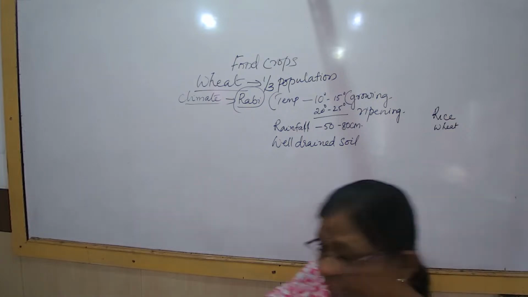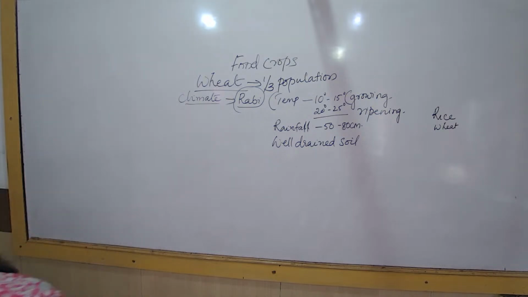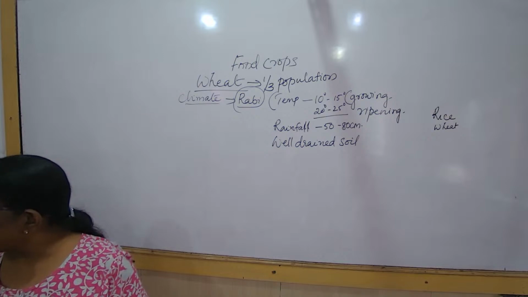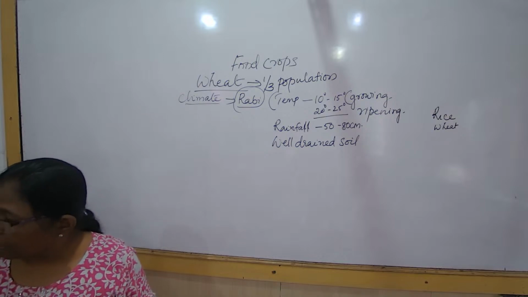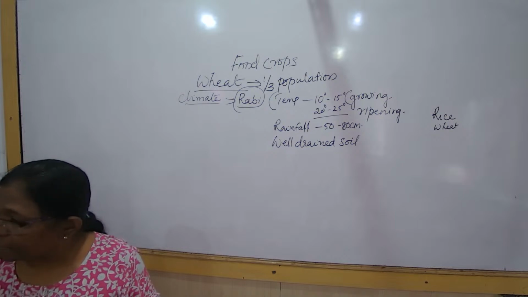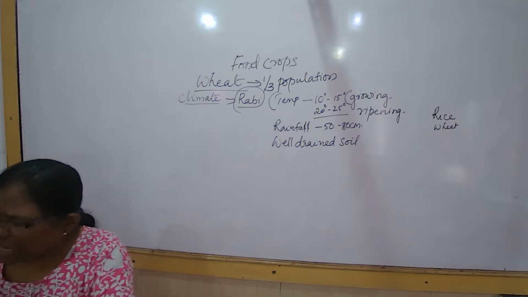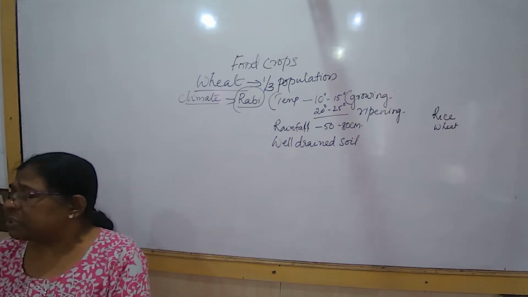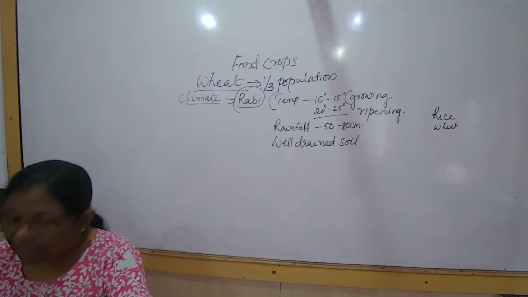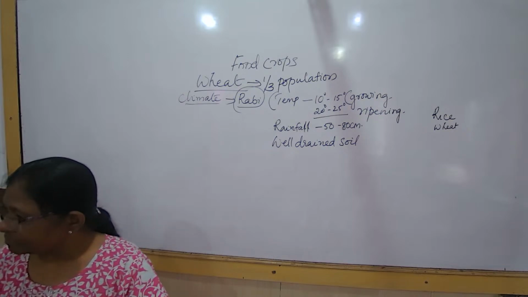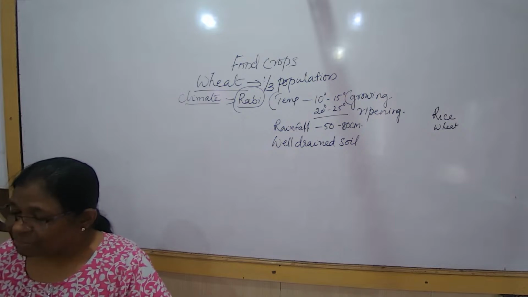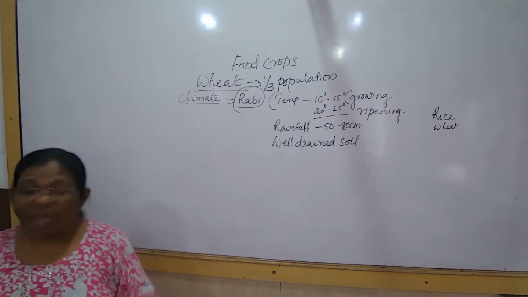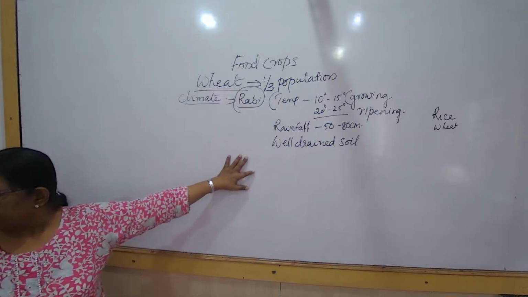See, clayey soil, what happens in the dry season? Clay soil, black soil, in the summer season it dries up very much, and cracks form. So cracks will be formed in the dry season, and that way it should not be allowed.